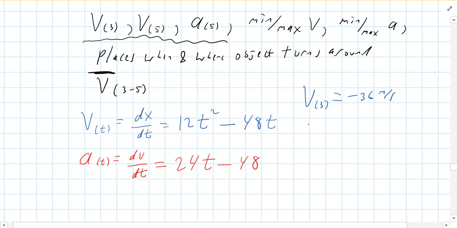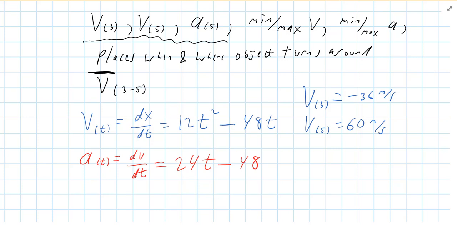And then if we plug 5 seconds into this blue velocity equation, you get 12 times 5 squared minus 48 times 5. Again, you can double check this in the calculator, but you should get 60 meters per second.